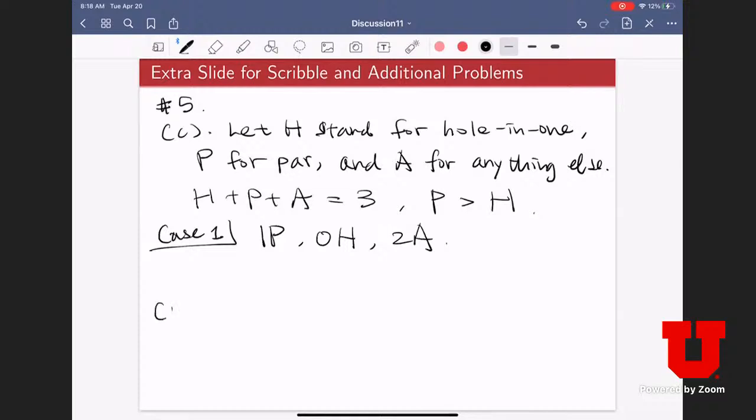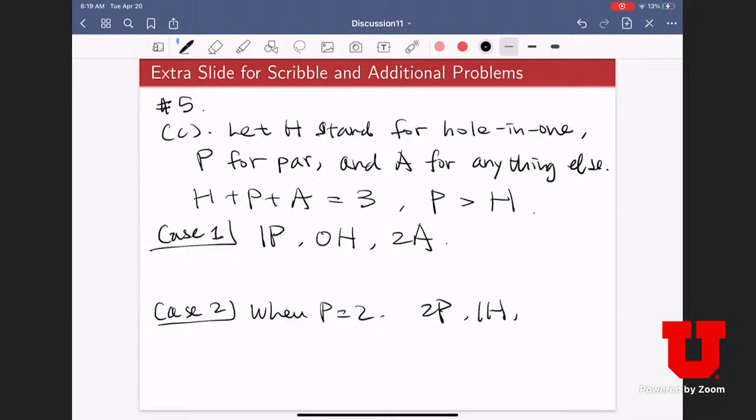Now the second case, when your P equals 2, which is 2 pars. What are the possible combinations? 2P, and then you can either have 1H or 0H.